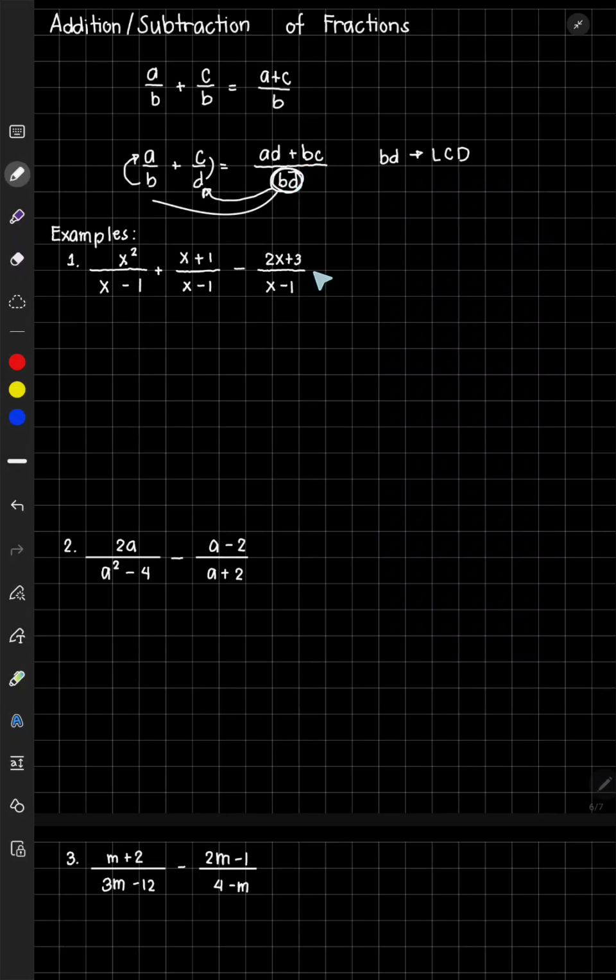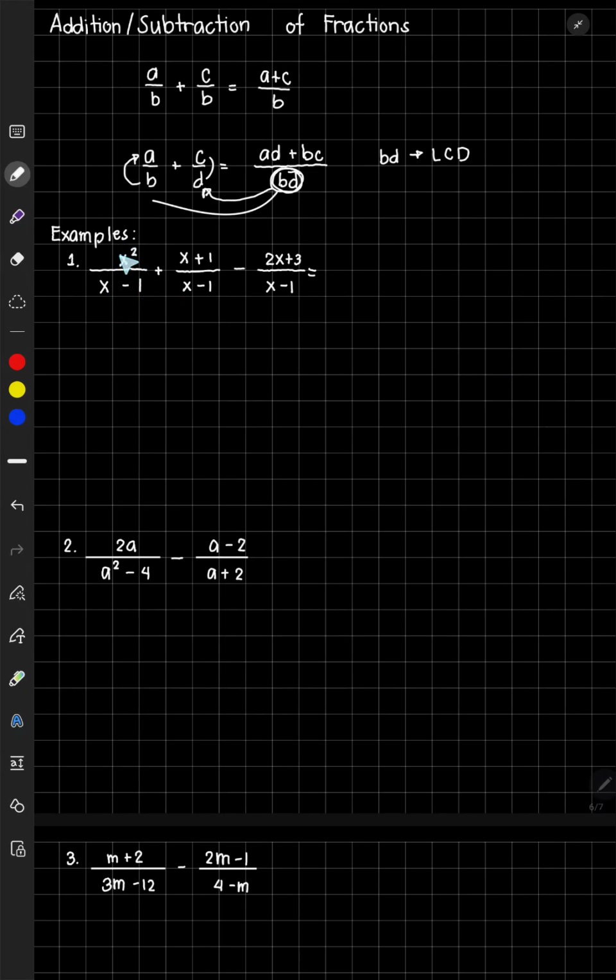So we have examples here. Example number 1: we have x squared over x minus 1, plus x plus 1 over x minus 1, minus 2x plus 3 over x minus 1. As we can see, the denominators of these three rational expressions are all the same, which is x minus 1.